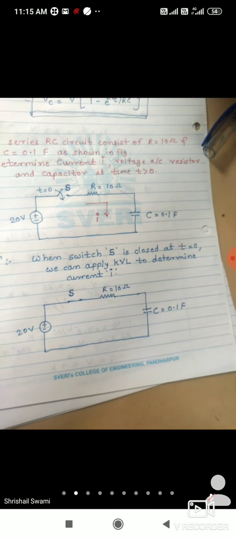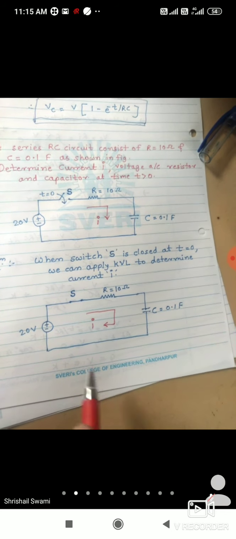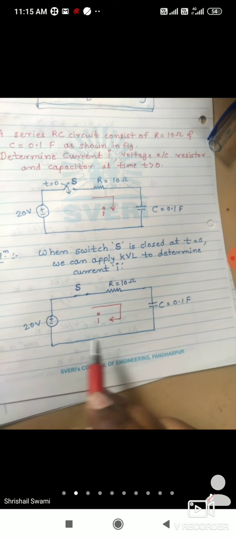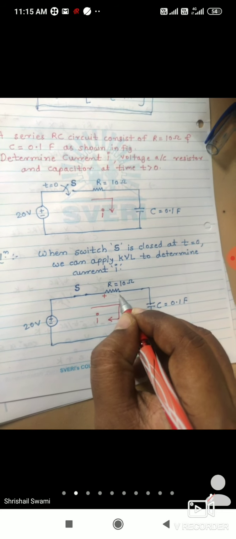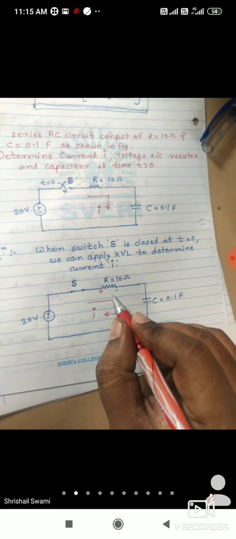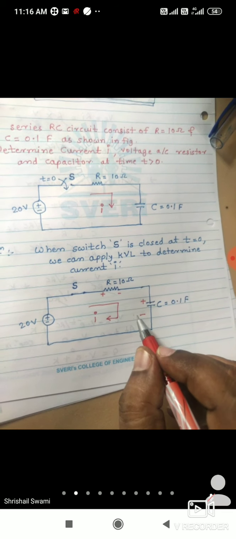As soon as the switch is closed, the current I will start to circulate in the circuit in this direction. As soon as current flows, the voltage will drop across resistor R with this polarity, as well as across the capacitor with this polarity.